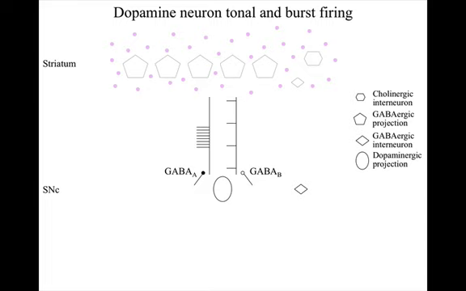Exactly how this works isn't fully understood, but for example, it is known that some important factors in the regulation of dopaminergic neuron activity are GABAergic neurons in the SNR and GPI. It could be that GABAergic neurons in the SNR target the dopaminergic neurons directly via GABA A receptors, regulating burst firing.